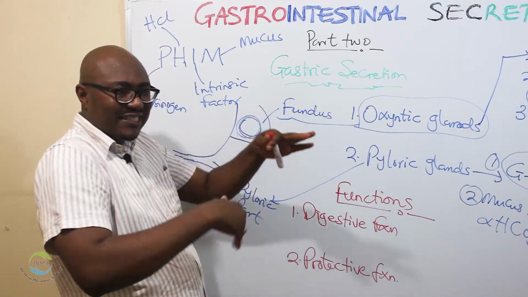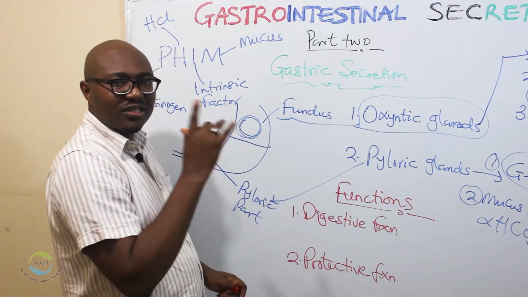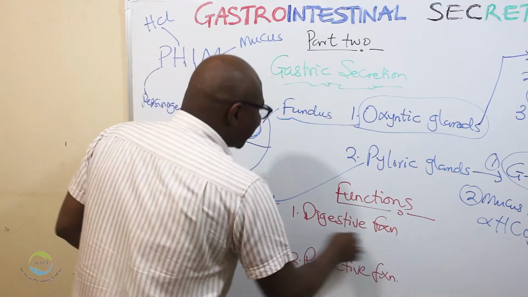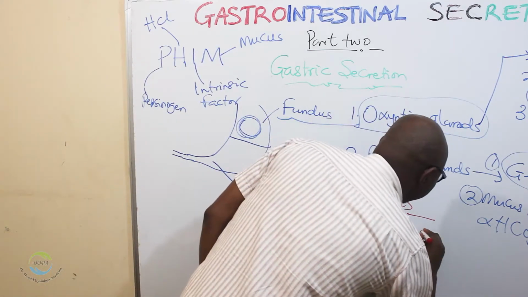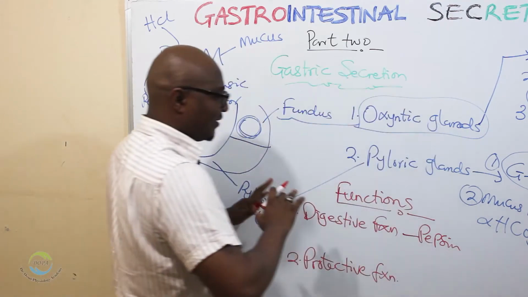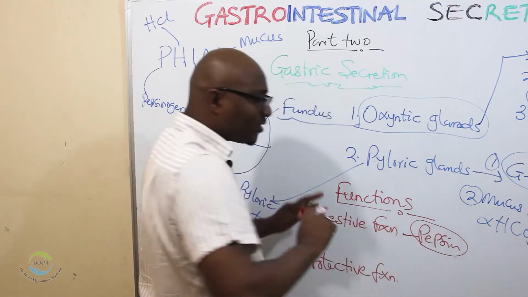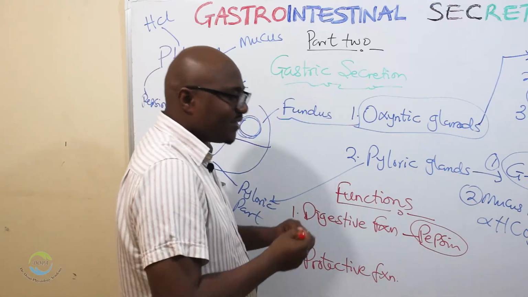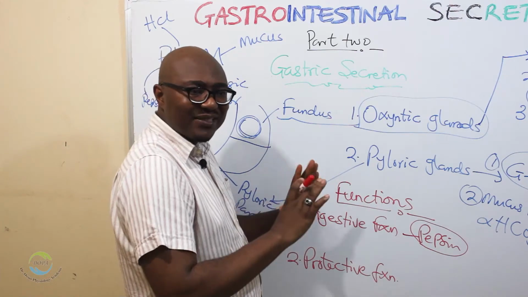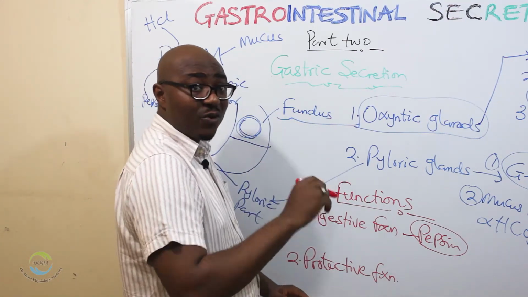And there are protective mechanisms so that it will not digest what it should not digest. So digestive function is mainly by pepsinogen, which when activated becomes pepsin. What is the function of pepsin? Pepsin digests protein.